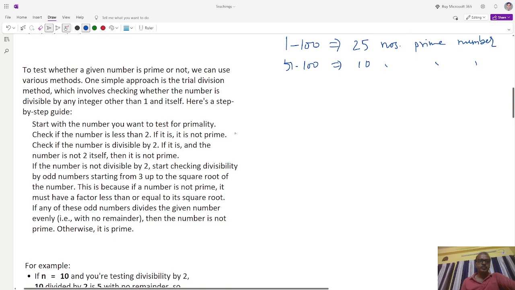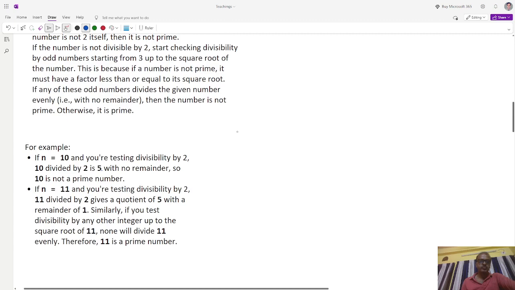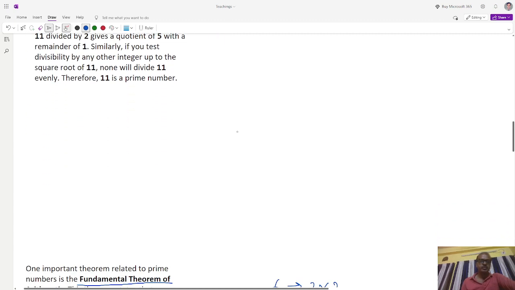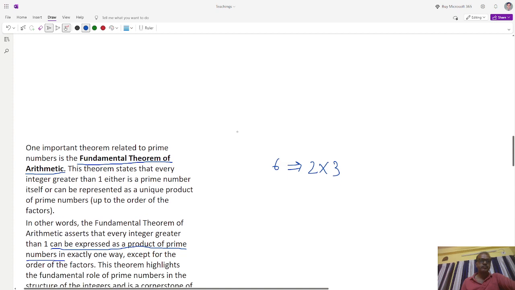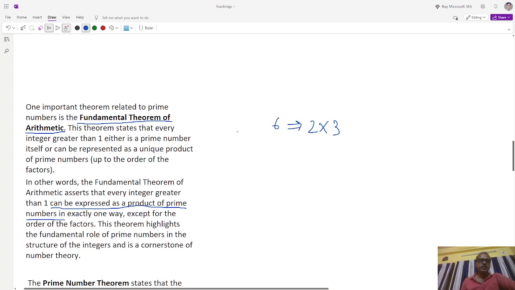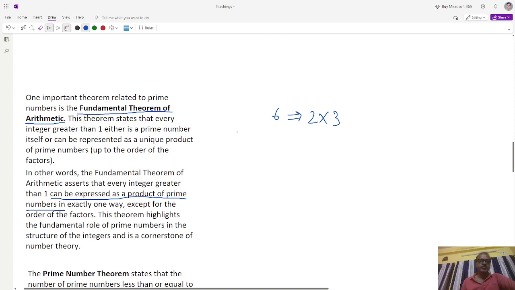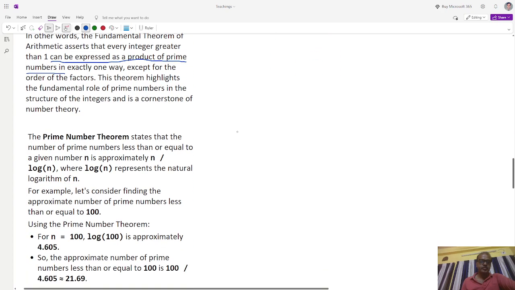How do we test whether a number is prime or not? The process has been described. After that, two important theorems related to prime numbers have been discussed in this video. These are the fundamental theorem of arithmetic as well as the prime number theorem, right?